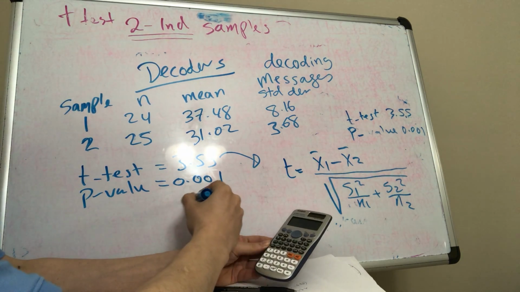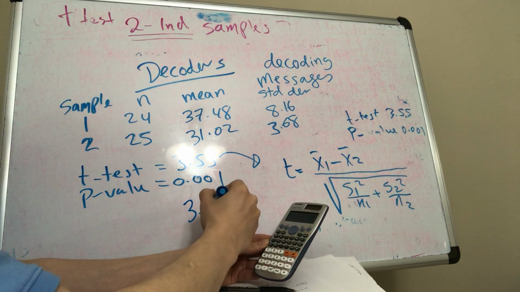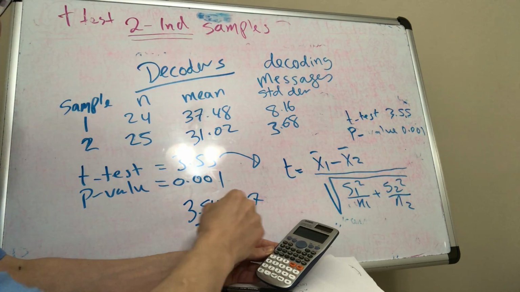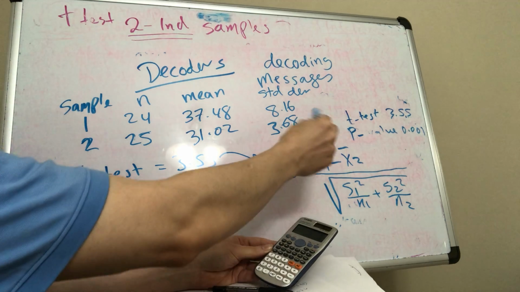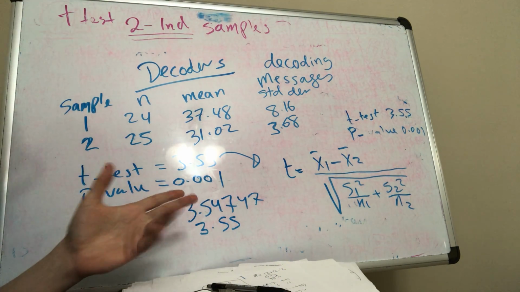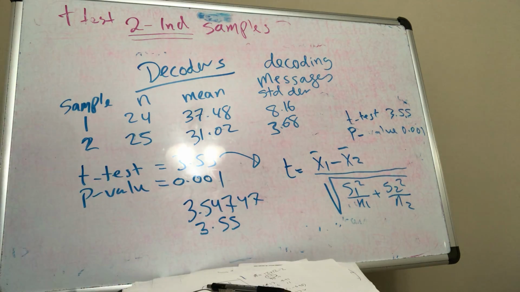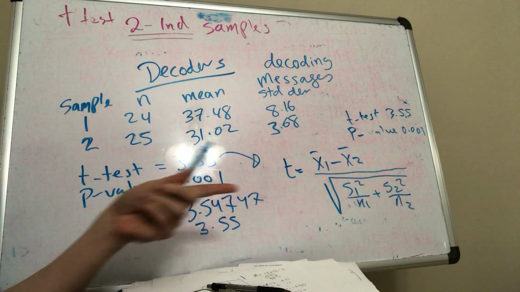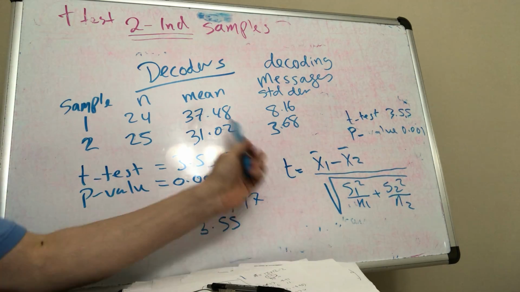You do this in the calculator and you get 3.54747, and if you round it to 2 decimal places, you get the same answer, 3.55. So this one, you must get the same answer because the formula doesn't have a degree of freedom. And yeah, they might ask you to calculate it yourself, and that's the formula we use, but everything else will be given.